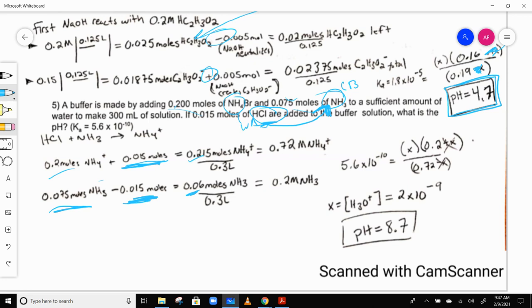And we get how much we wind up with. Then we divide by the number of liters of solution. We didn't actually really need to do that, but I did it anyway, just because it makes me feel more comfortable. If you did it with or without it, you'll get the same answer.